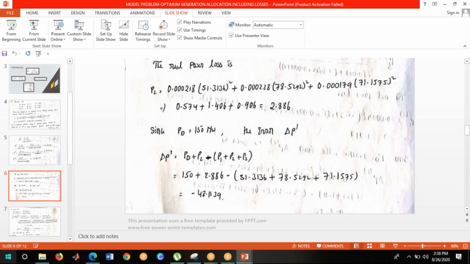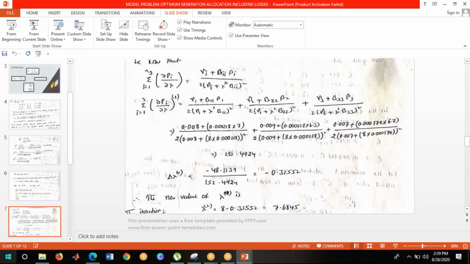After that we substituted in the power loss equation and got 2.886. For balancing, using the balanced equation, after substituting PL and P1, P2, P3, we got minus 48.1139. It means lambda has to be updated, and the change in lambda we got is minus 0.315. So the updated value is 8 minus 0.315, which gives 7.6845. Okay, so up to now this is the first iteration.